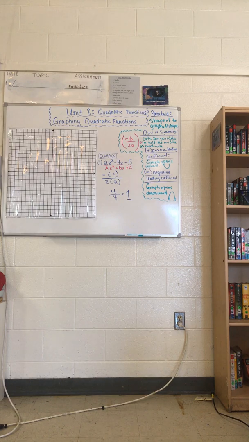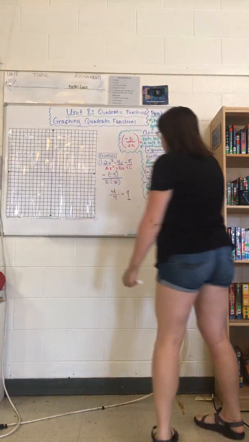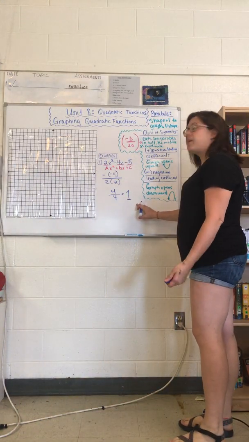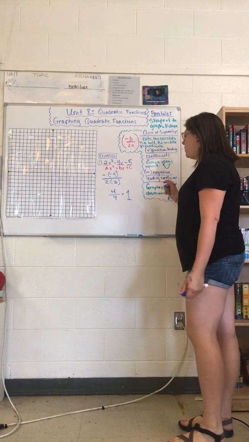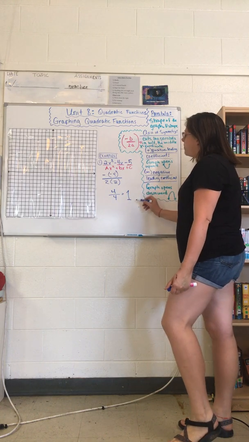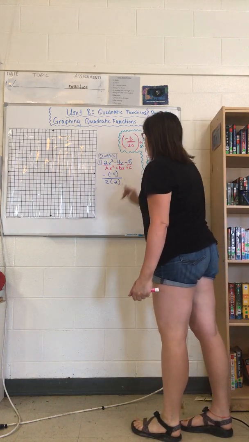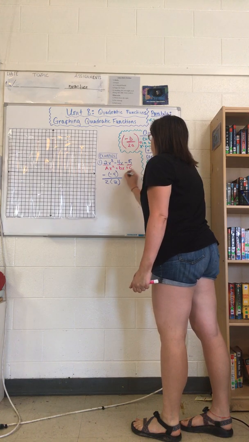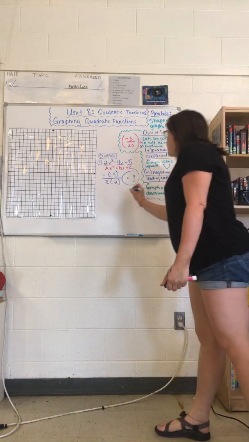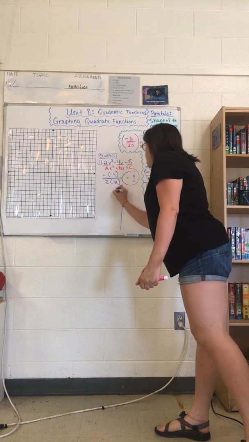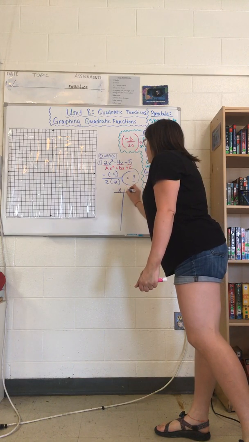Okay. Now I can go about creating a table of values. To do that, I'm going to go over to this side. I'm going to use this to pick a few points, okay? What I want to do is pick some points that are less than 1 and some that are greater than 1, okay? So, I'm going to erase this real quick and write over my x's and my y's.